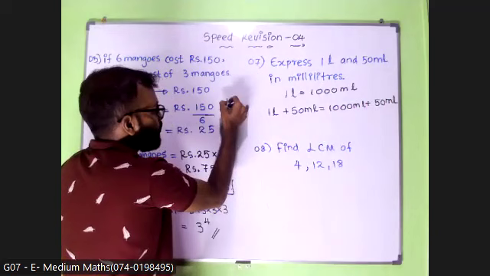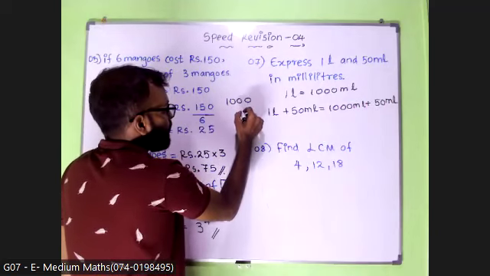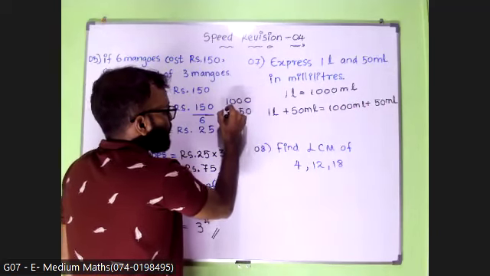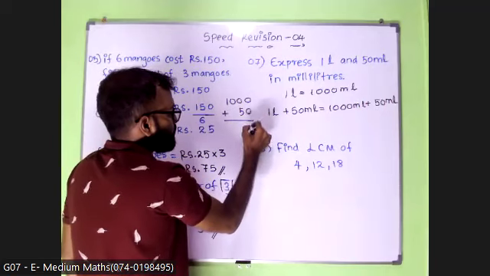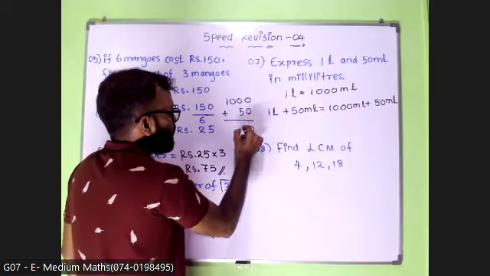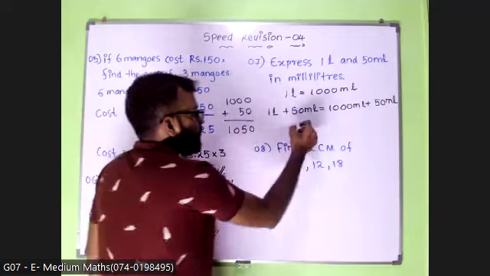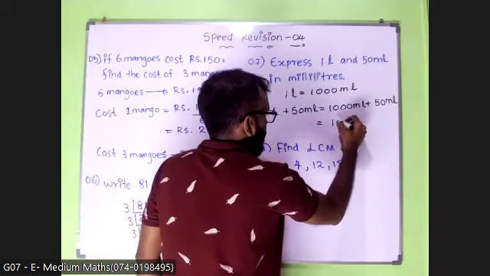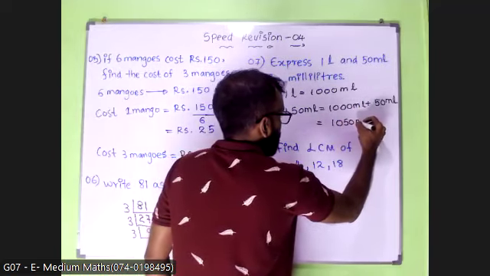So let's add them together. 1000 plus 50. 0 plus 0, 0, 0 plus 5, 0, 1050 milliliter.